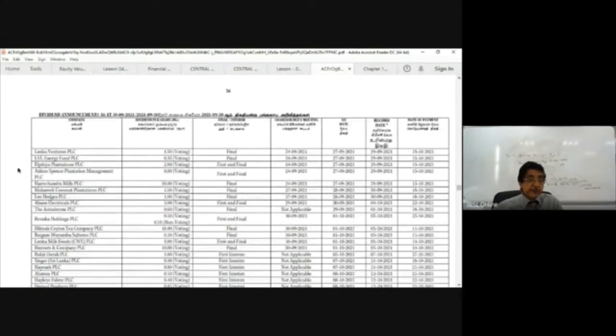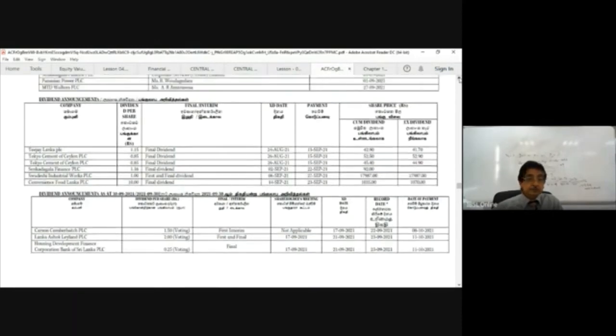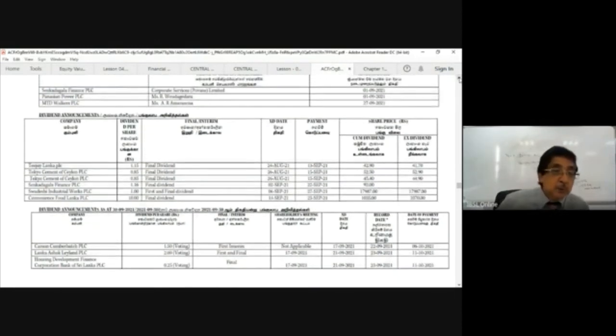Now it says dividend announcements as at 30th September 2021, and the particular dividends declared as at 30th September 2021. Dividend announcements are given here.